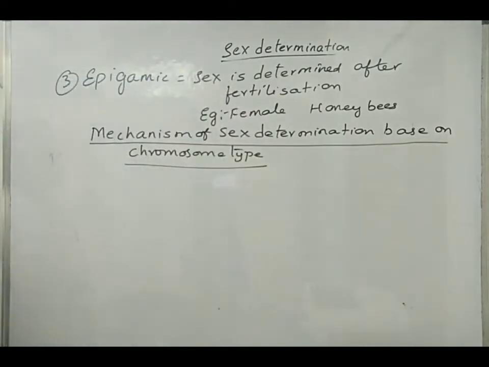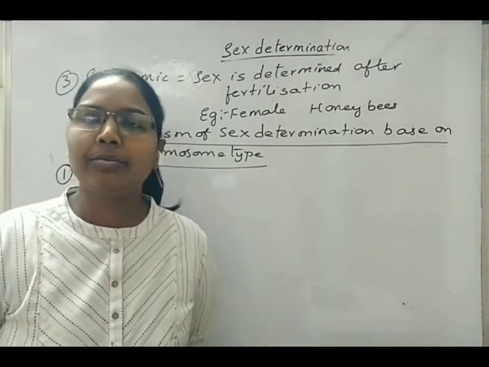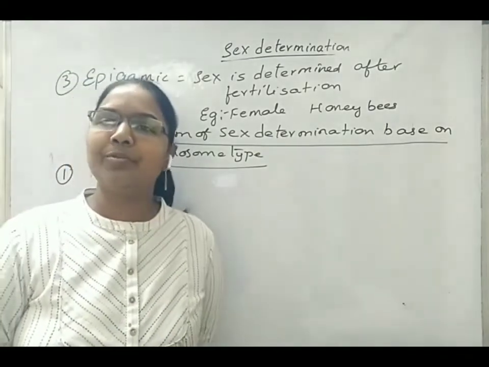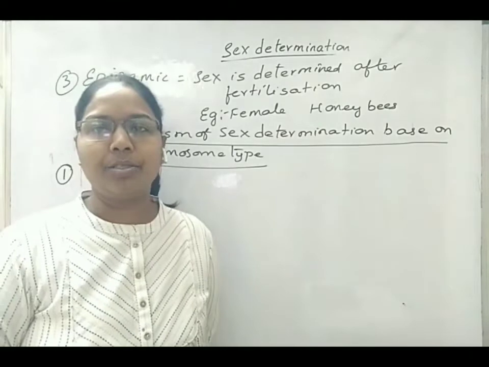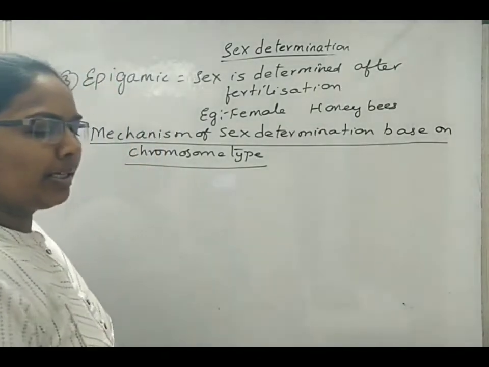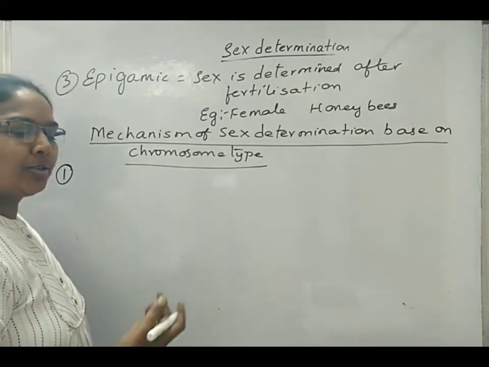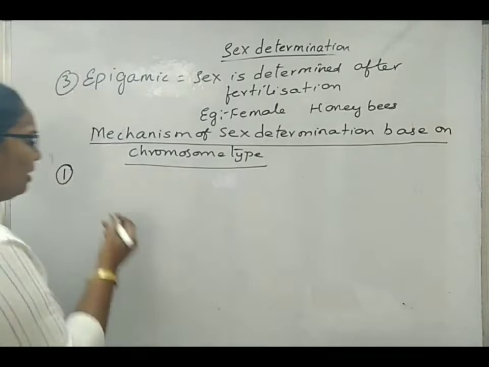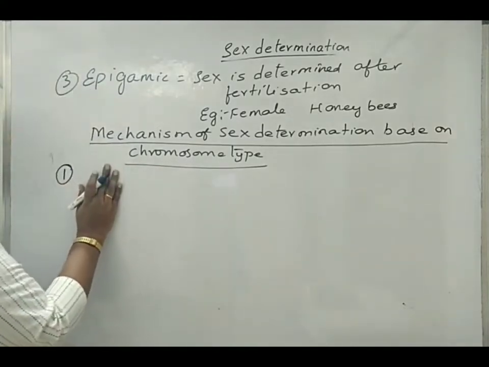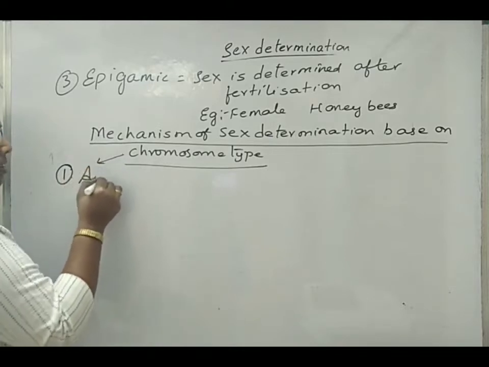Here, taking human beings as an example, we have two types of chromosomes, autosomes and allosomes: the chromosomes which are not responsible for sex determination or sexual development, and the chromosomes which are responsible for it. So based on chromosome type, how can we determine? One type of chromosomes we'll see first, that is autosomes.